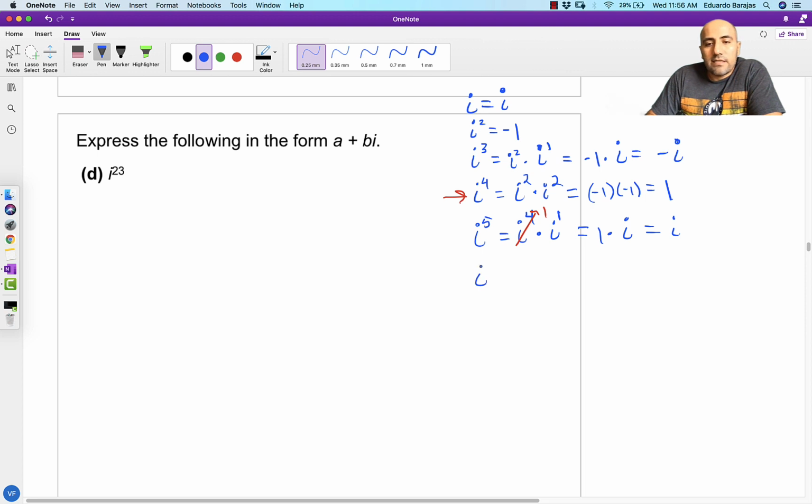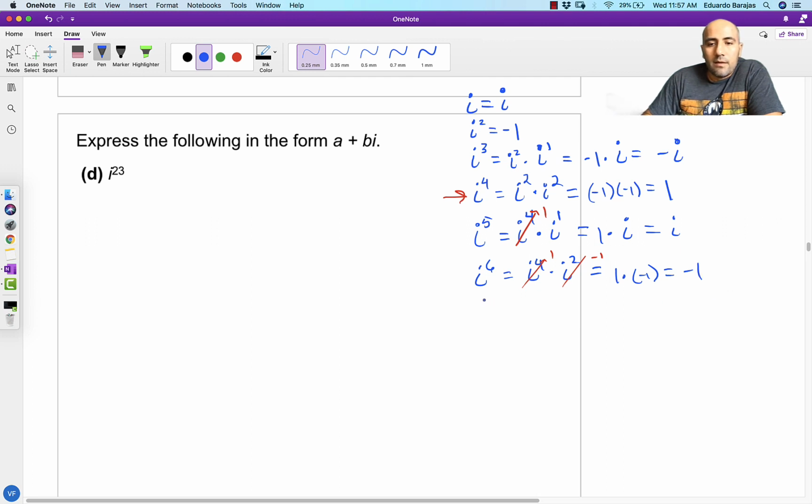Now i to the 6th power, that's going to be i to the 4th power times i to the 2nd power, right? And then this i to the 4th just becomes 1, and i squared becomes -1. So i to the 6th power is going to become 1 times -1, which equals just -1.